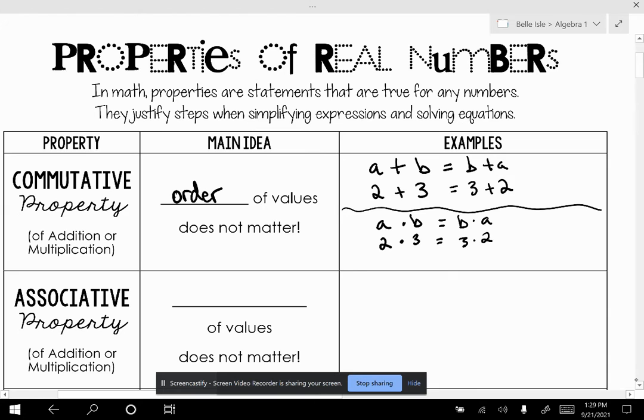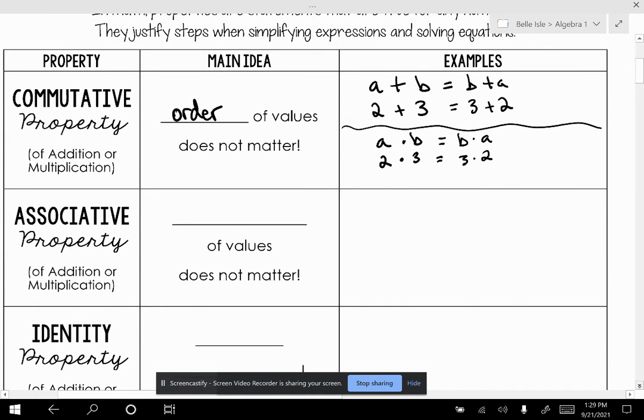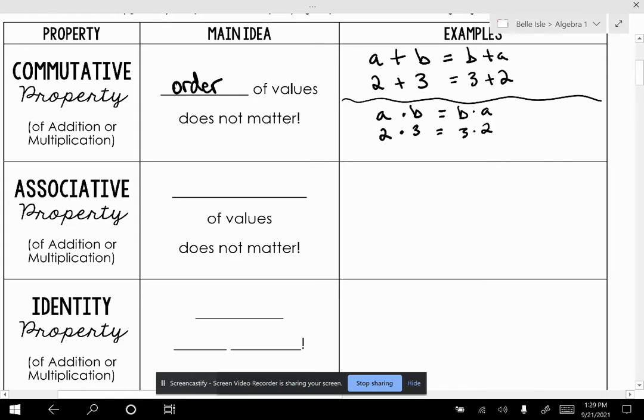So associative property. Associative property is again dealing with addition or multiplication, and this deals with the grouping of values. We're saying the grouping of values doesn't matter when dealing with addition or multiplication. For instance, we might have A plus B inside parentheses plus C equals A plus, with B plus C in parentheses.